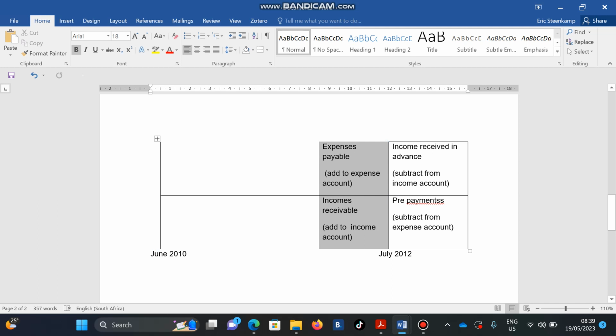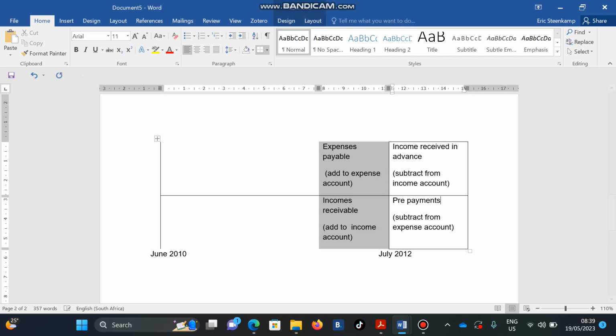Prepayments or prepaid expenses, usually this would be insurance. If insurance was paid for the next financial year, it includes an amount that falls within the next financial year, then you'll do that calculation.